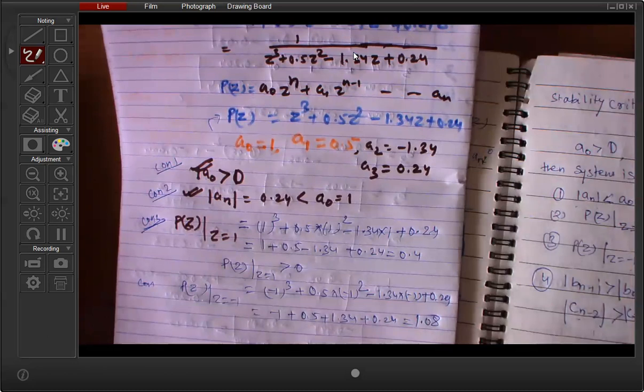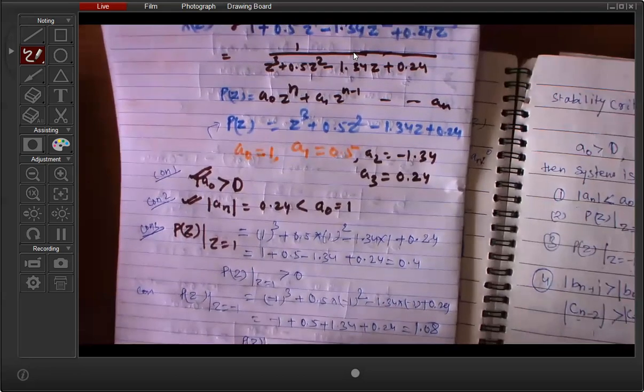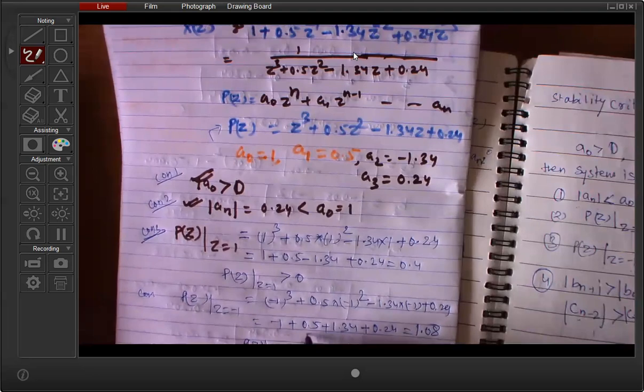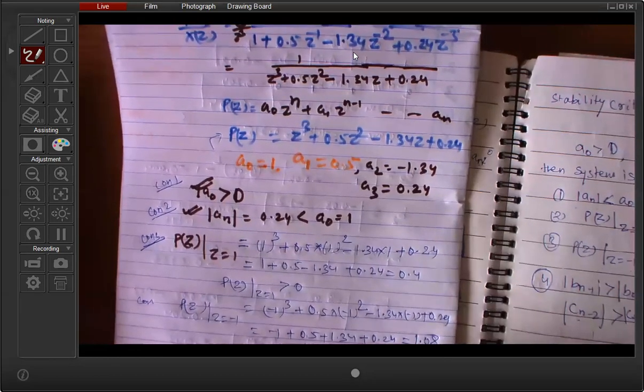According to the Jury stability test, is this condition satisfied? No, sir. That means it is not greater than 0 because n is equal to 3.